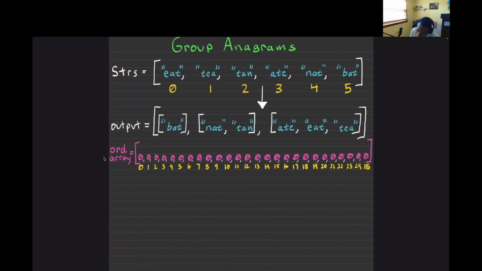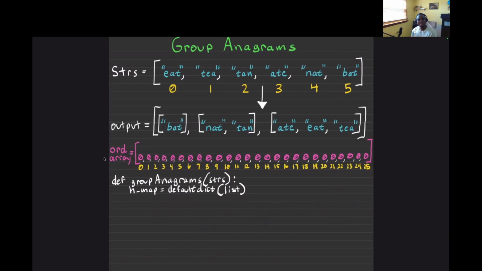Okay, let me draw out the function signature so we have a better idea of this approach. We'll say something like define group anagrams that takes in a strings array. And like I mentioned, we'll need a hash map. So we'll say hash map is equal to a defaultdict with values pre-assigned as lists, right?